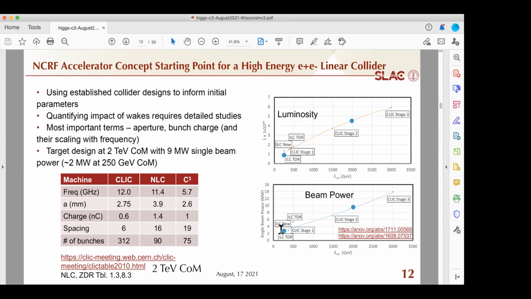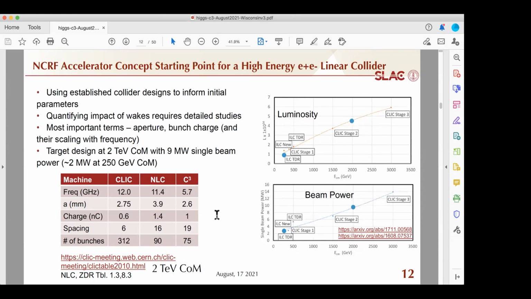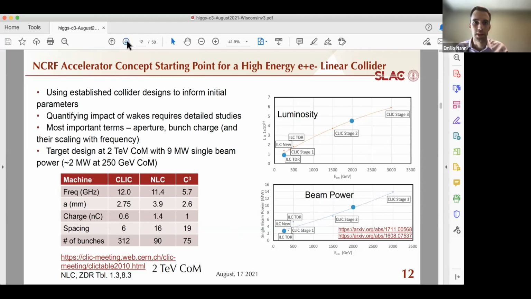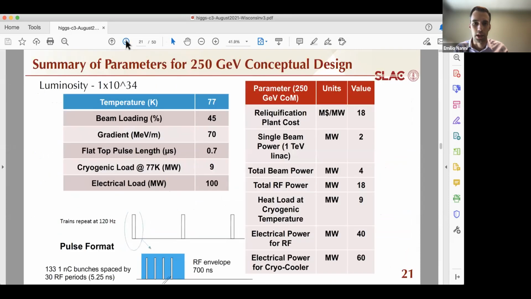So in the table that you have there, the 75 goes up. That's what you mean, right? But you have more bunches. So this 75 is for 2 TeV center of mass. The 9 megawatt beam power is for 2 TeV center of mass. If you want the numbers for... where did I put them?